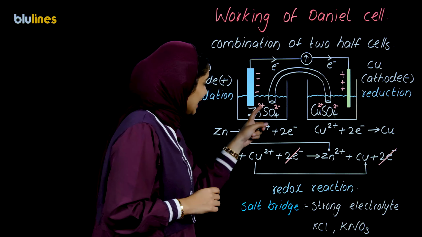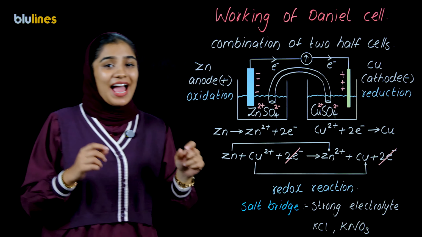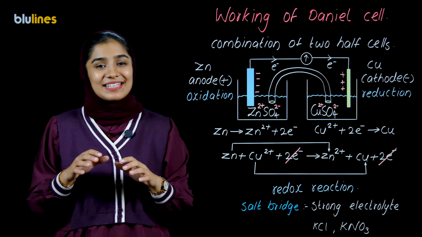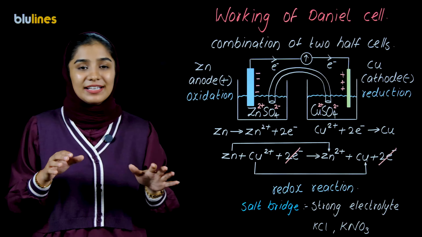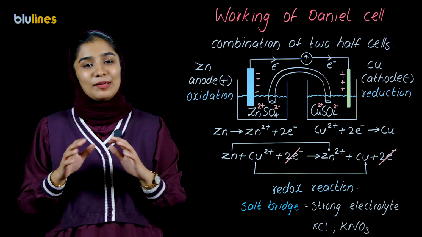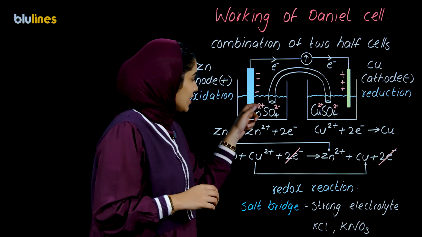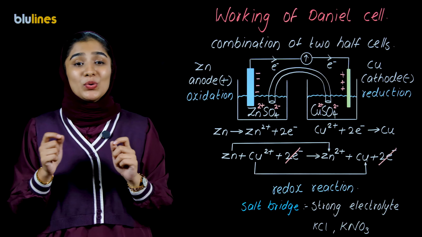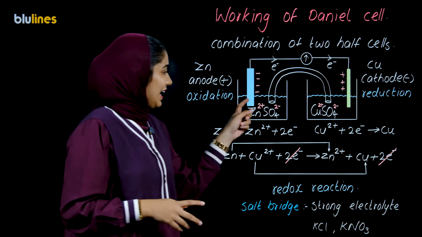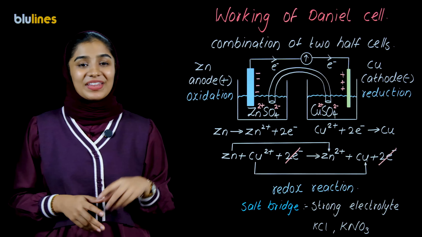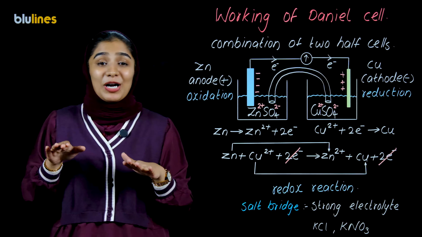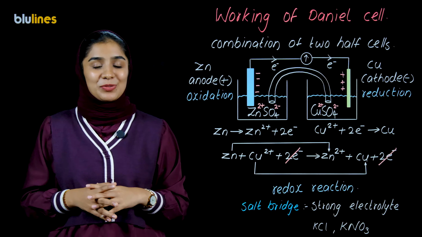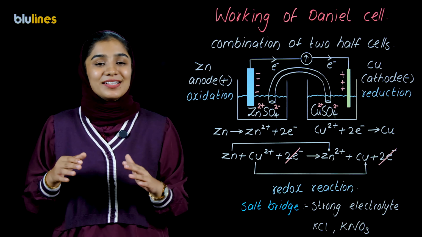The Cl- will come towards here and it will balance the electrical neutrality, that is Zn becomes ZnCl2 and balances the positive solution so that electrical neutrality is maintained in these two half cells. This is the reason why a salt bridge is added, so that it brings about electrical neutrality between the two half cells and the reaction does not stop.